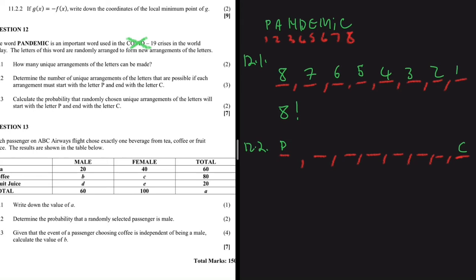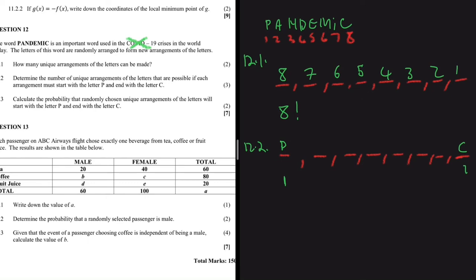Here in the first position, we only have one possible letter, which is P. So we have 1. And then on the second position, there are 6 possible letters because of the 8, 1 letter is in position 1 and 1 letter is in the last position.